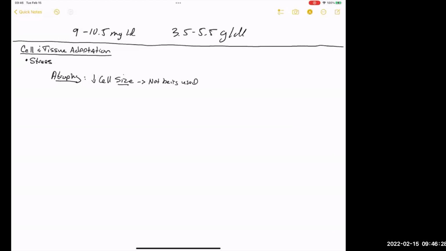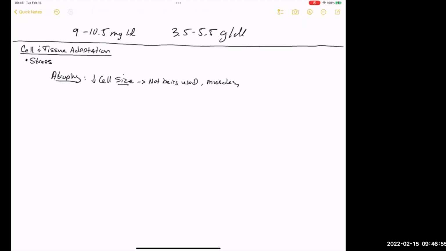We often see this on extremities, for example. If you have a musculoskeletal injury and you have sustained immobilization, what happens? Well, you have a lot of muscle mass, and atrophy is very common when we see this with muscles. Muscles aren't being used. And we can see some age-related changes as well.